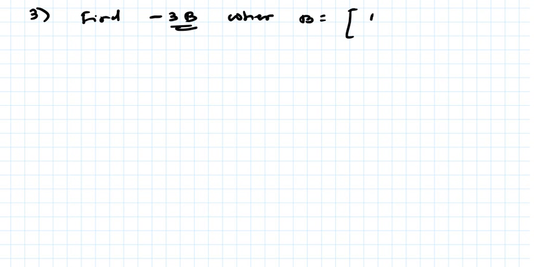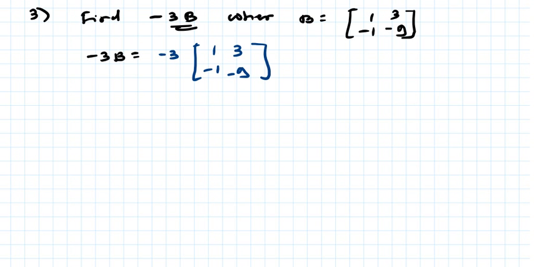Okay, one more example. Okay, find minus 3B, where B is 1 minus 1, 3 minus 9. Okay, so minus 3B will be equal to minus 3 into B. B is 1 minus 1, 3 minus 9, which is what?